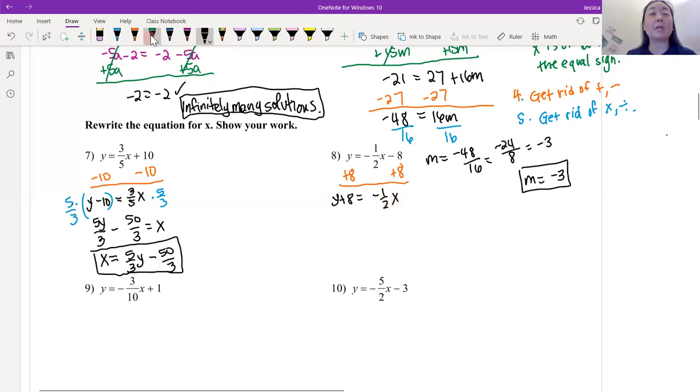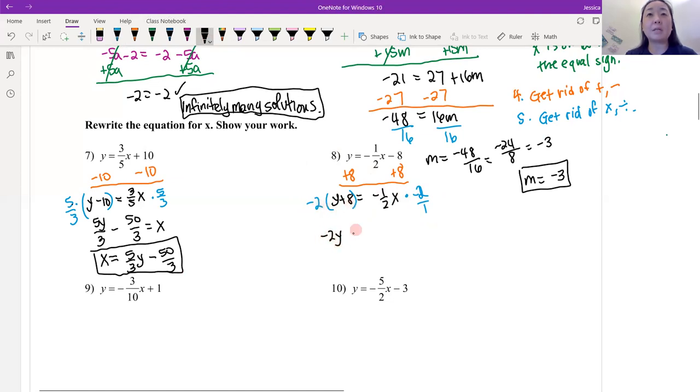And again, we want to get rid of that negative 1/2 by multiplying this by negative 2 over 1. Or we can just say negative 2, because negative 2 over 1 is the same thing as negative 2, right? So negative 2 times y is negative 2y.